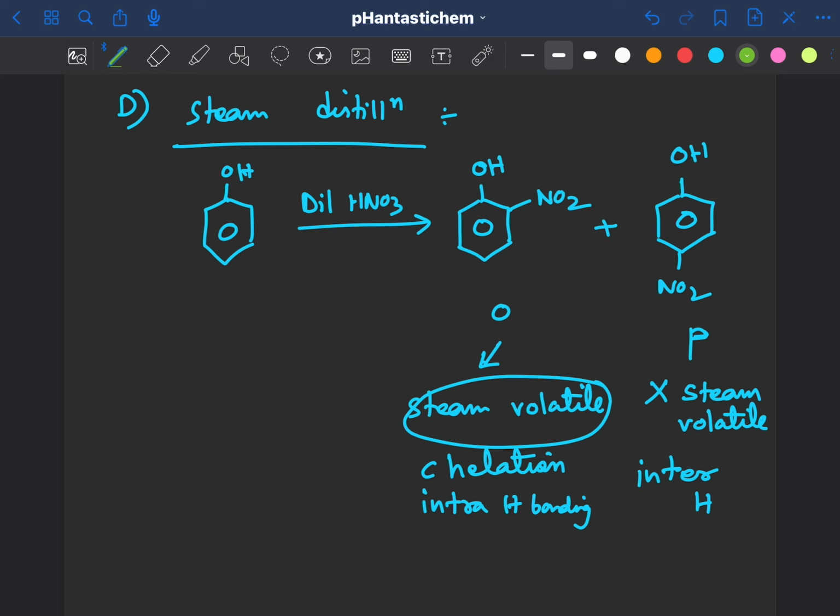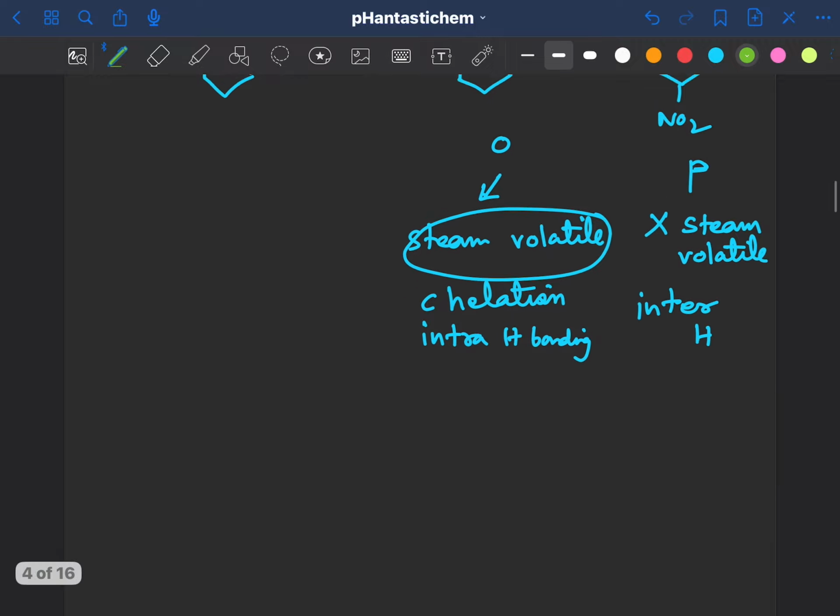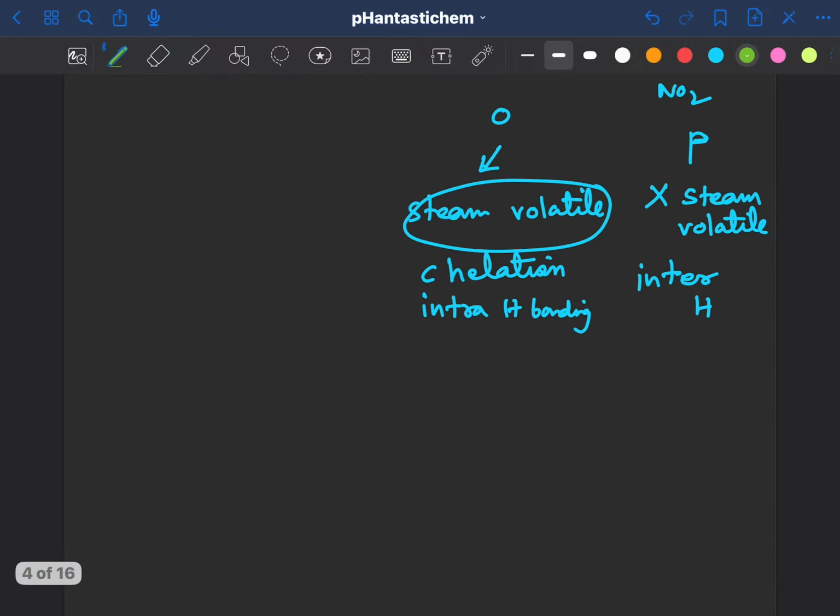And obviously they will have lower BP than water, because steam has a temperature of around 100 degrees Celsius. So their boiling point has to be lesser than that. Only then steam can convert them into gaseous state.